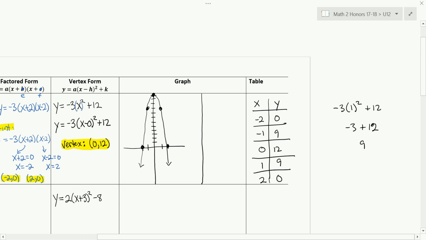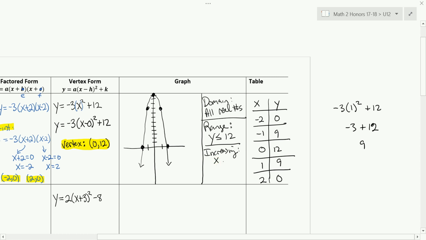All right, so we're pretty much done with this one. Our domain is all real numbers. What's the range? Y is less than or equal to 12. Increasing when x is, which side?